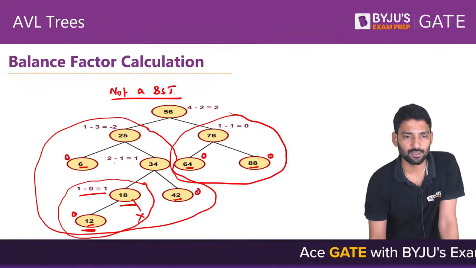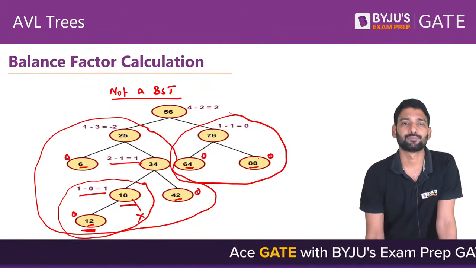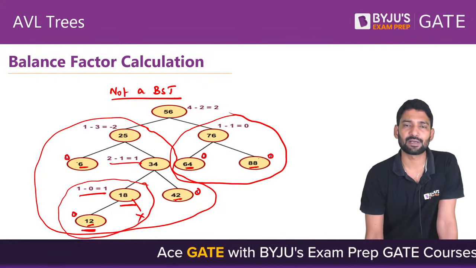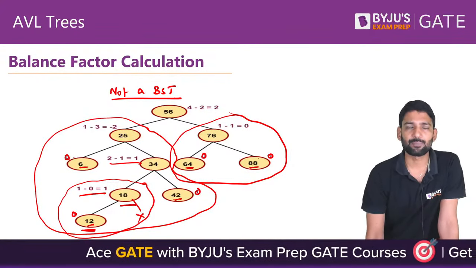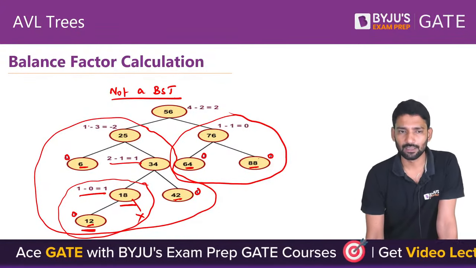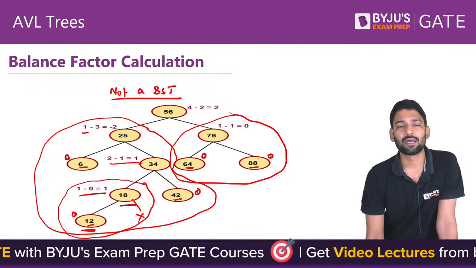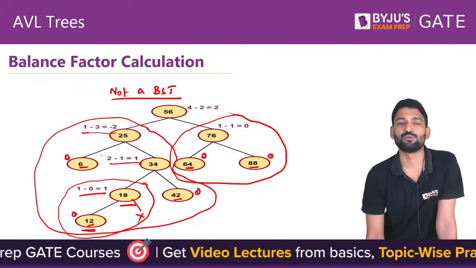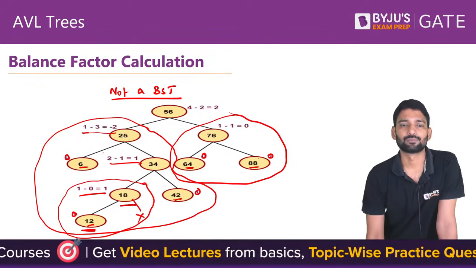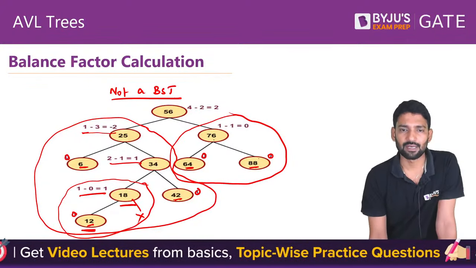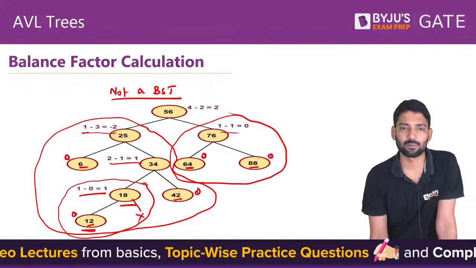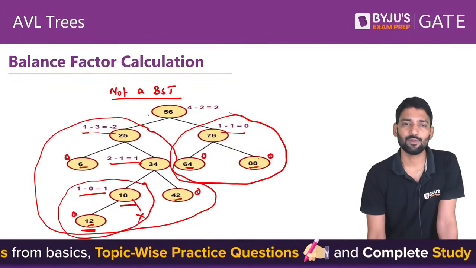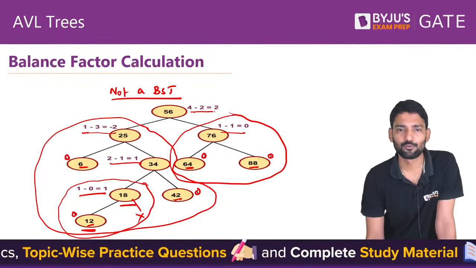So 2 minus 1, 1. Similarly, 25 balance factor you check. Left subtree 6 height is 1 and right subtree height is 3. So 1 minus 3, minus 2. In this way, 76 balance factor became 1 minus 1, 0. 56 balance factor 4 minus 2, 2.